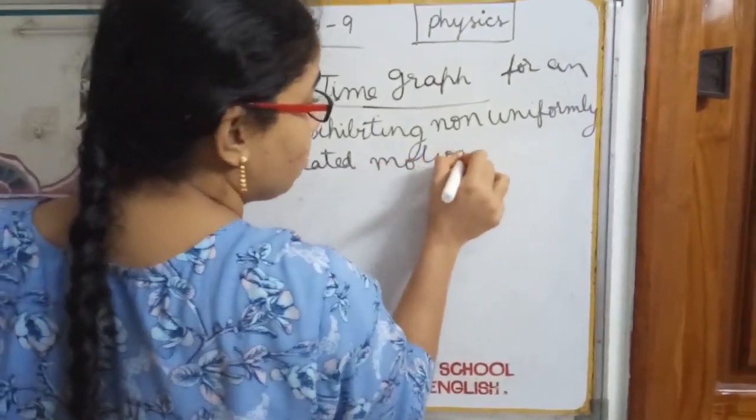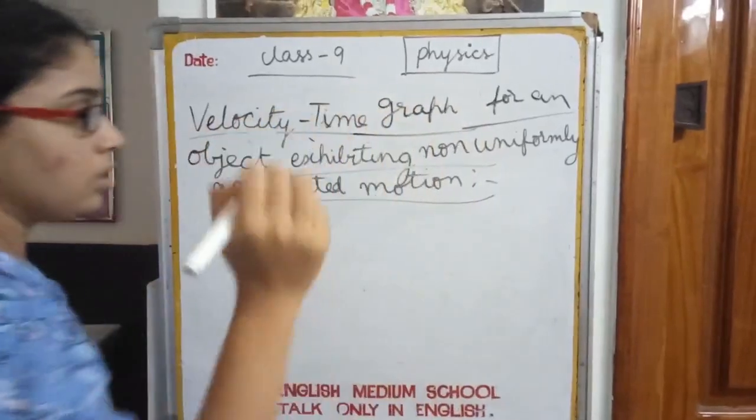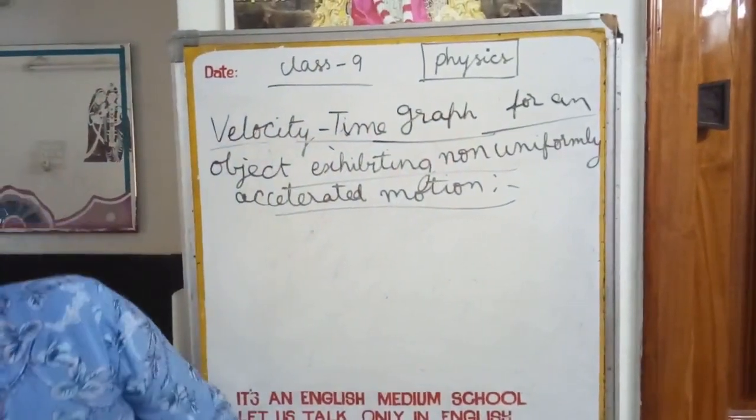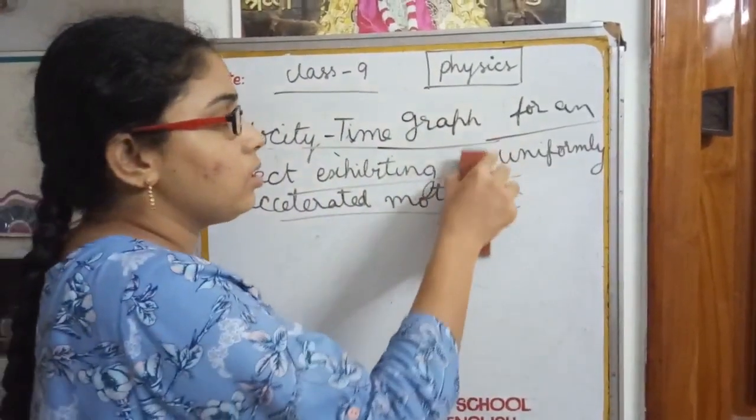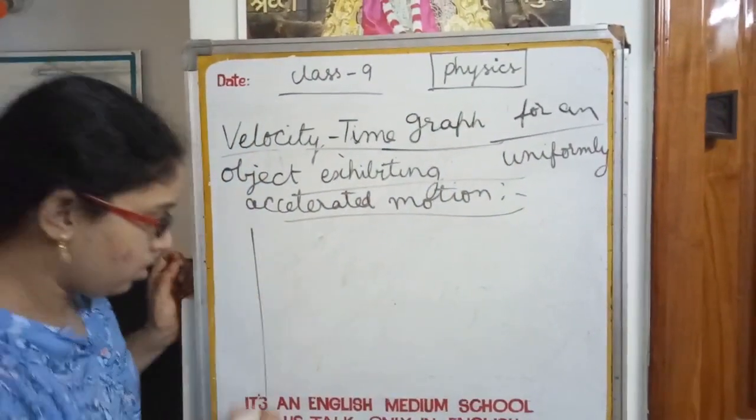Sorry, uniformly accelerated motion we have to consider now. This is the second case in this velocity time graph.